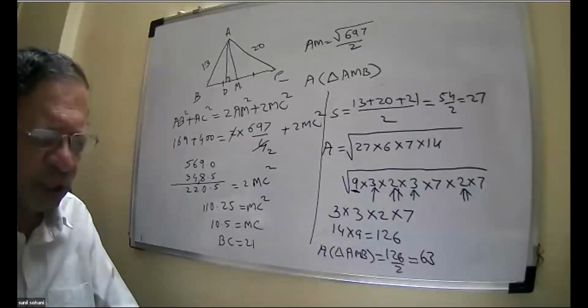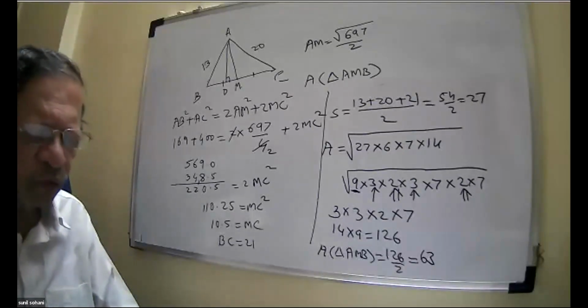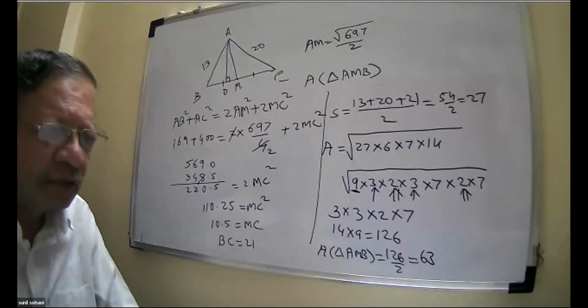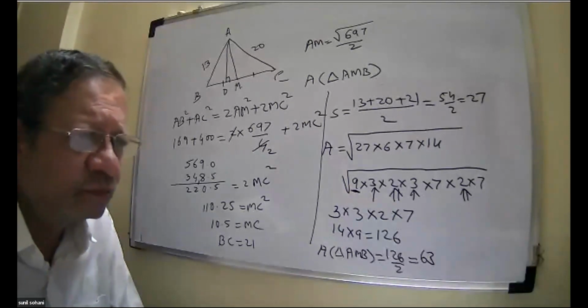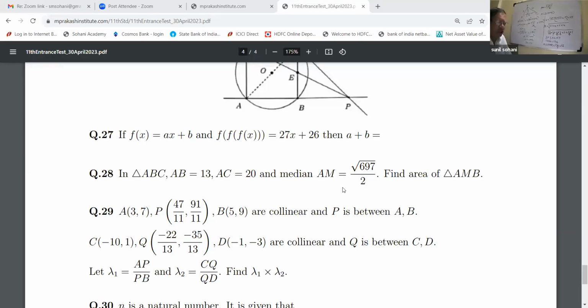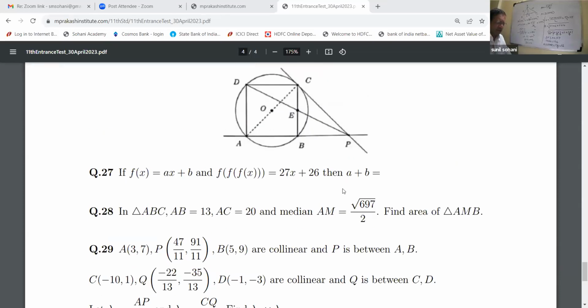This was question 28. So we will proceed to question 27. Let me share the screen for some time of the question paper. 27. It's a function. F of x is ax plus b.